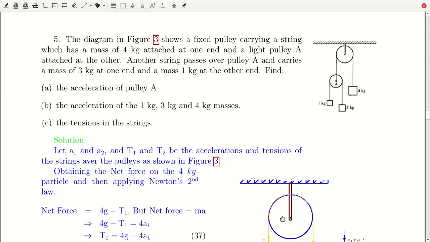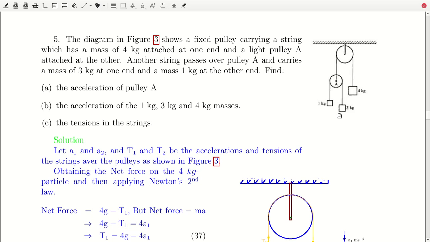So finally, we try out a case where we have a pulley of this kind. This diagram has a fixed pulley, this one, carrying a string which has a 4 kilogram mass, and on the other end of the string it is carrying another pulley, pulley A, which itself is also carrying two masses, 1 kilogram and 3 kilogram masses.